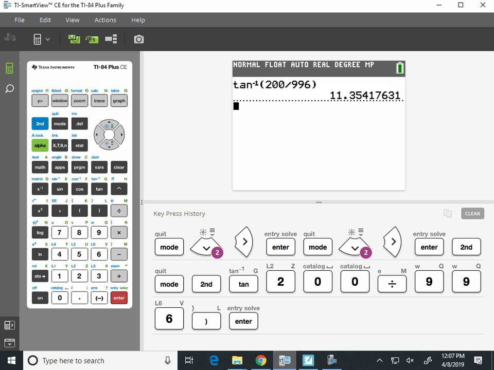Here's the thing. If you have a graphing calculator, non-graphing calculators don't really need to worry about it. Graphing calculators, though, you do.